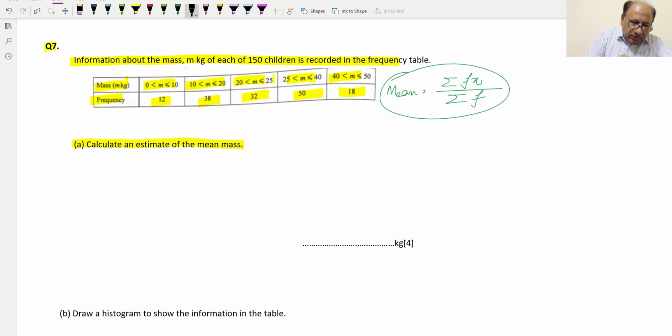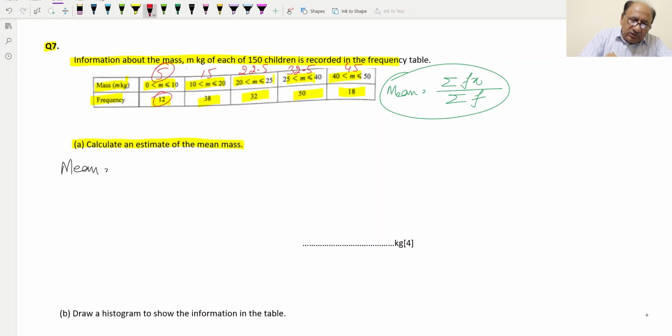We'll be taking the mid range: 0 plus 10 over 2 will be 5. 10 plus 20 divided by 2 will be 15. Similarly, this will be 22.5. 25 plus 40 divided by 2 will be 32.5. Similarly, 40 plus 50 divided by 2 will be 45.